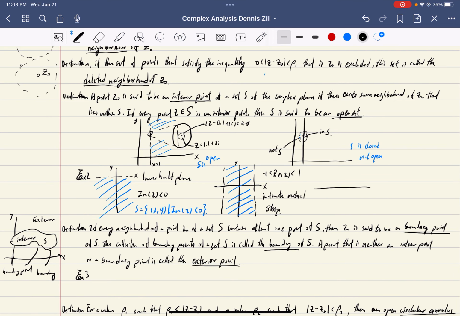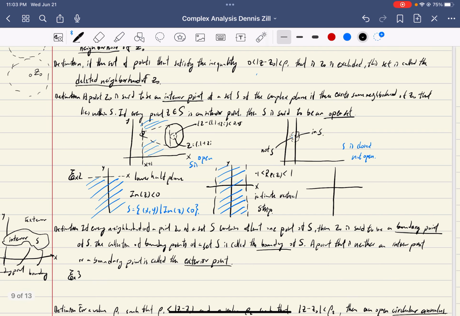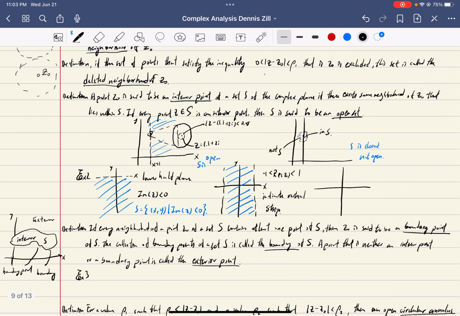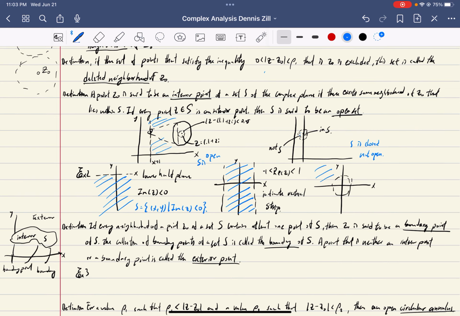I think I'll run out of space. Now we have axes, and if we draw a circle in, we define everything outside the circle, such that the modulus of z is greater than 1.